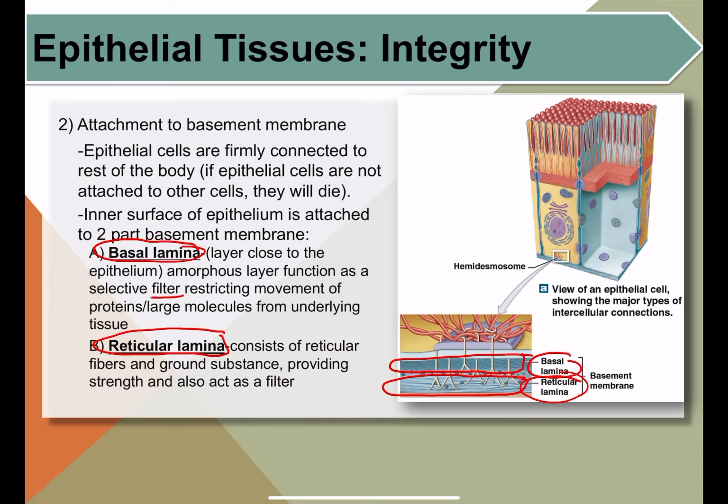So it's for strength and flexibility. And the basal lamina is the main filter that keeps big, important molecules, for example amino acids, glucose, all that good stuff, from trying to get across and keeps them contained.